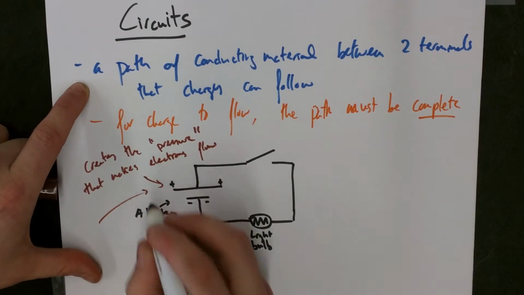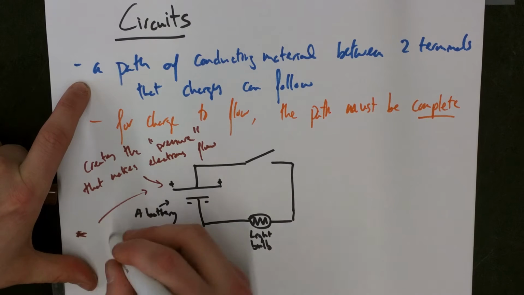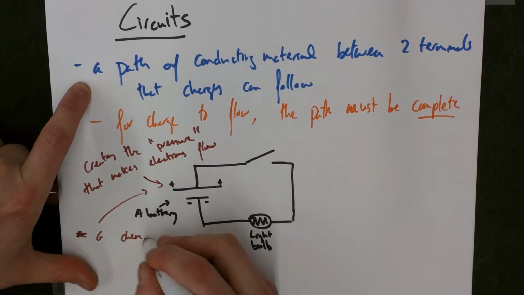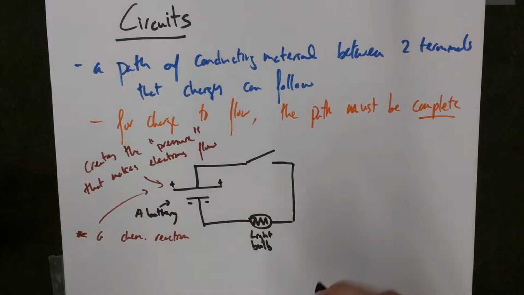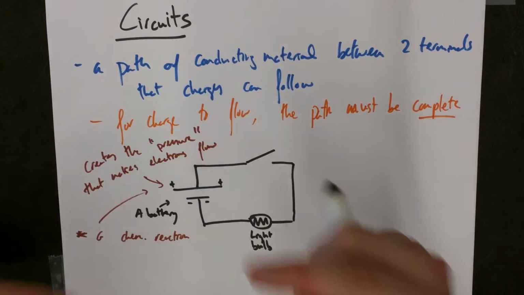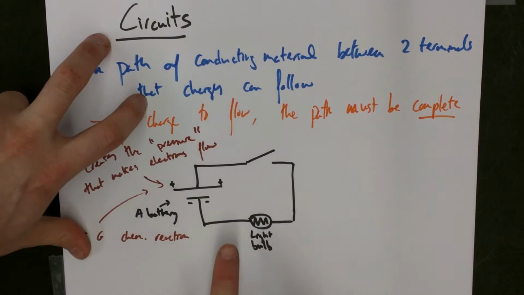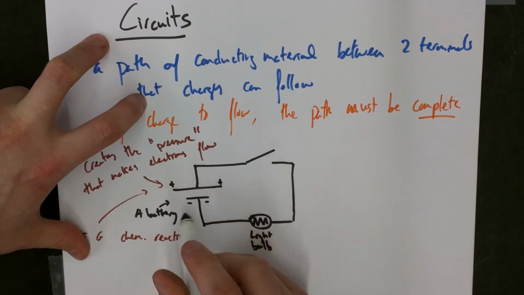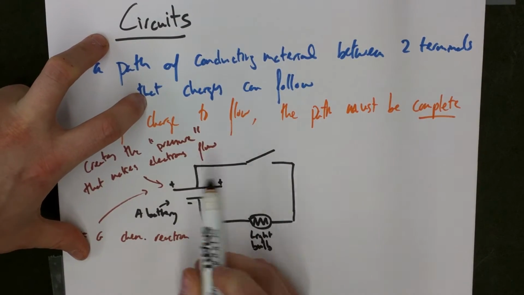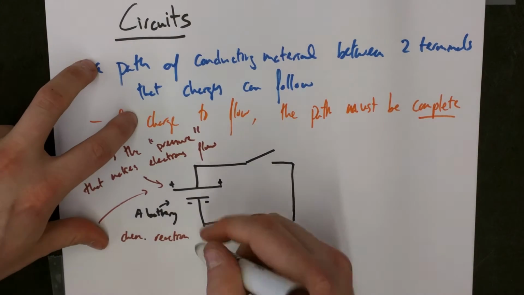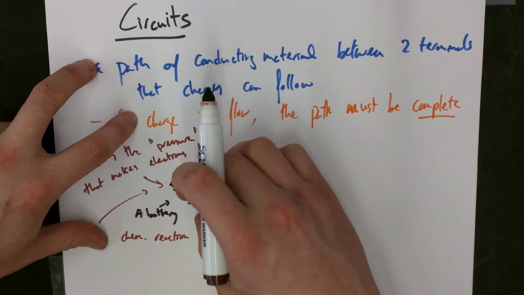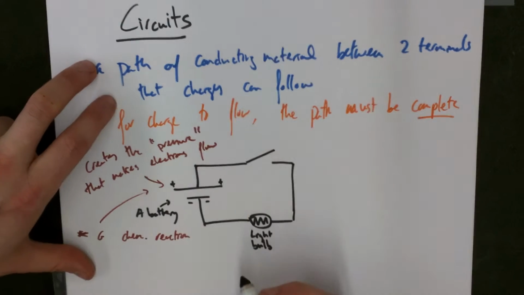And secondly, I'll say about the battery, it's a chemical reaction in which positive particles are moved up to this positive side. Even though it's already positive, there's a chemical reaction doing work, pushing the particles up here, creating this voltage.